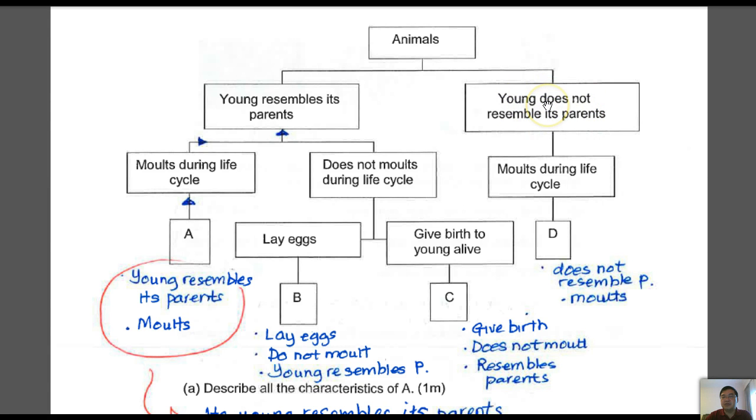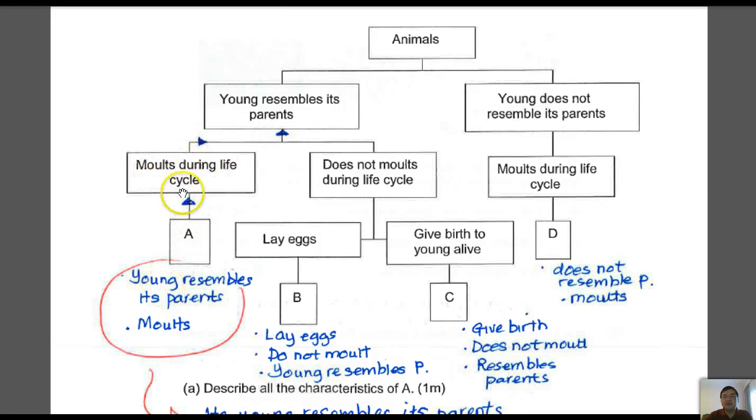So going down, these are the groups that resemble the parents. Watch out now. C belongs to here. C resembles parents, therefore I've written it down here to make sure I do not get confused. Therefore during exams I would prefer to write something here: resembles parents, B resembles parents over here, and A also.